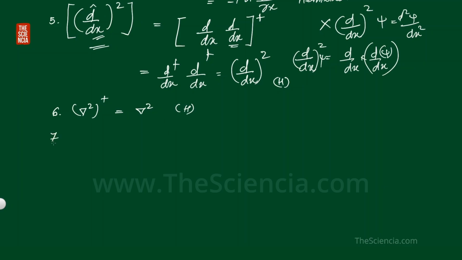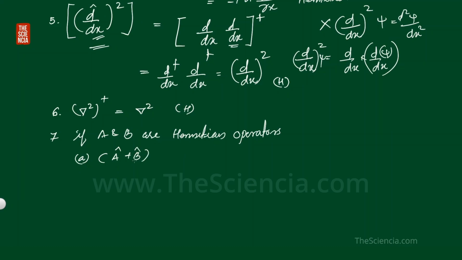Seventh one. Suppose A and B are Hermitian operators. Then we have to check the first option, A† plus B†. Is this one Hermitian or not? That is the question.